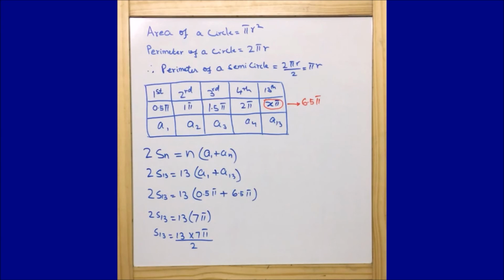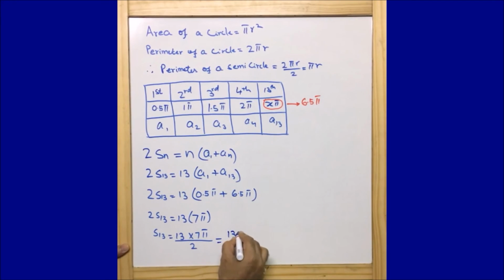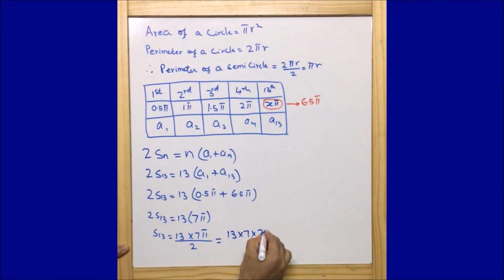Now what is pi after all? As per the question, it is given that pi is nothing but 22 by 7. Now guys, let us replace the value of pi as 22 by 7. So I can write this equation as 13 into 7 into 22 by 7 into 1 by 2.